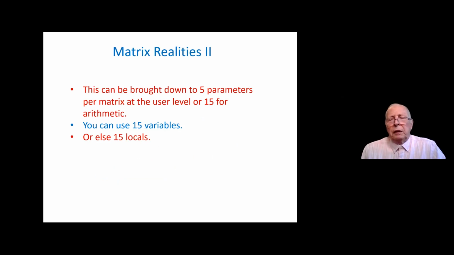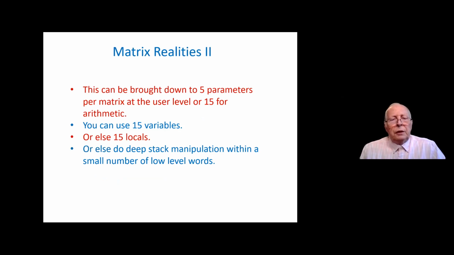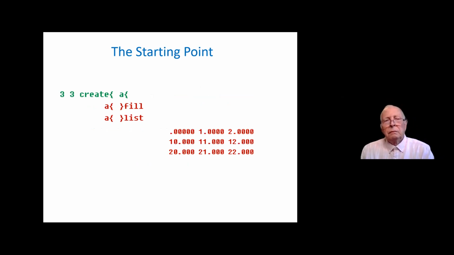You could use 15 variables and offload all your parameters, or 15 locals, or you could do deep stack manipulation within a small number of low-level words. So why offload the 15 values into variables and then turn right around and have to reload them to do the actual program execution? We'll examine these different levels of application words.